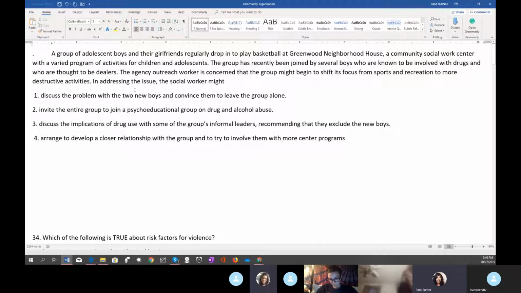In addressing this issue, the social worker might: A, discuss the problem with the new boys and convince them to leave the group. B, invite the entire group to join a psychoeducational group on drug and alcohol abuse. C, discuss the implications of drug use with some of the group's informal leaders, recommending that they exclude the new boys. Or D, arrange to develop a close relationship with the group and try to involve them with the center programs. What do I do with that one? 1, 2, 3, or 4.